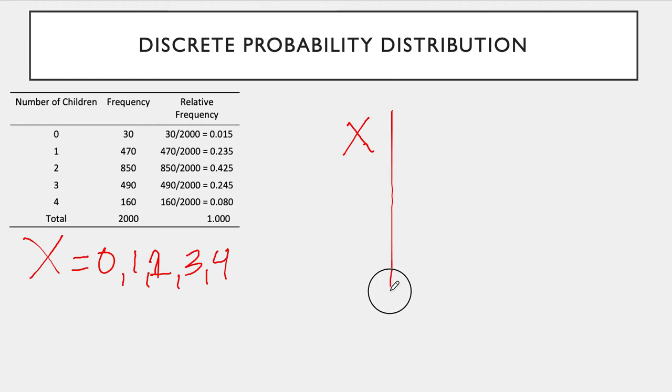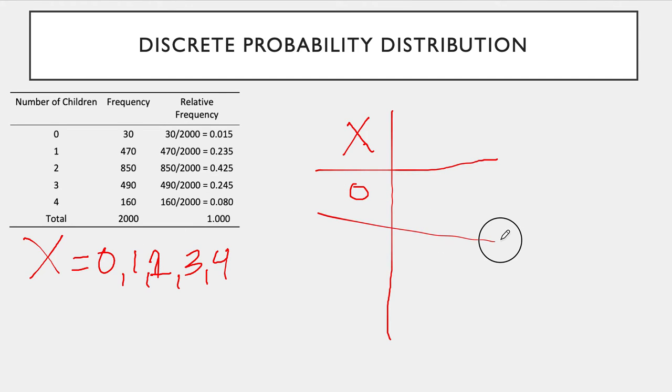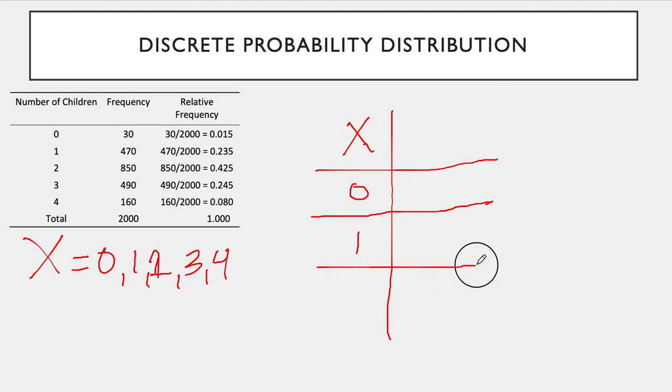Let's create a rough table here. We'll put 0 here as our first value, then 1 as the next, 2, 3, and 4.